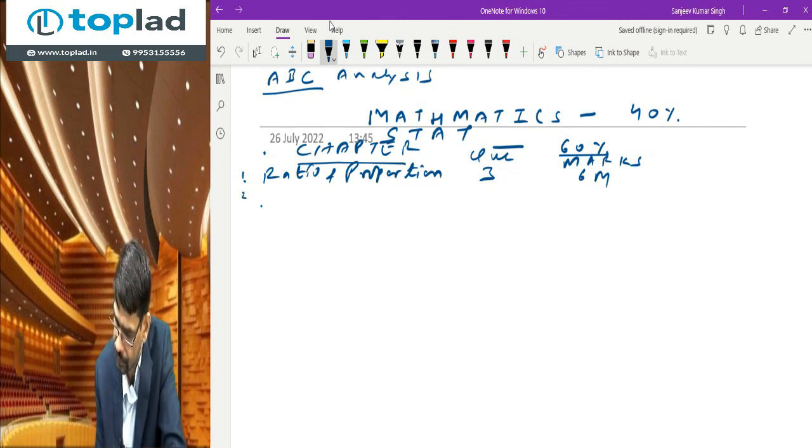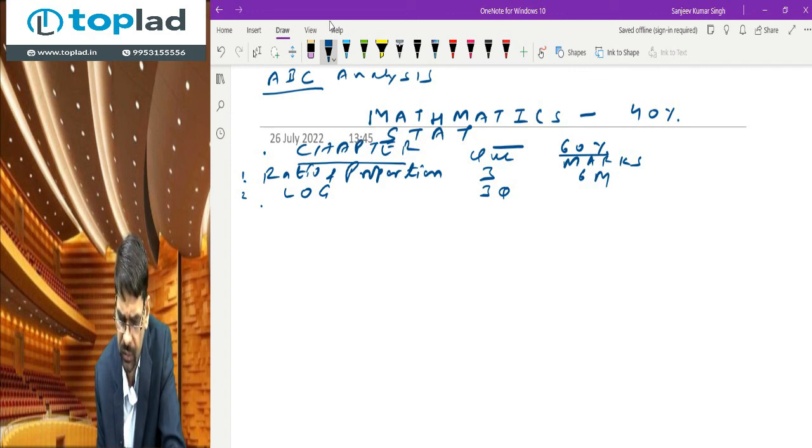The second chapter is logarithm. From this chapter, our institute asked around 3 questions. This is the minimum, based on our analysis of the previous papers.